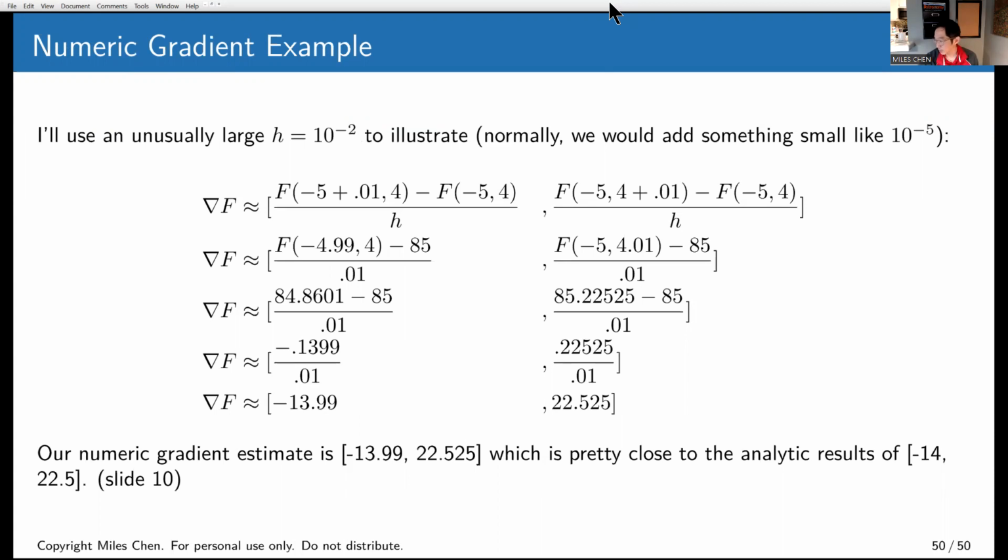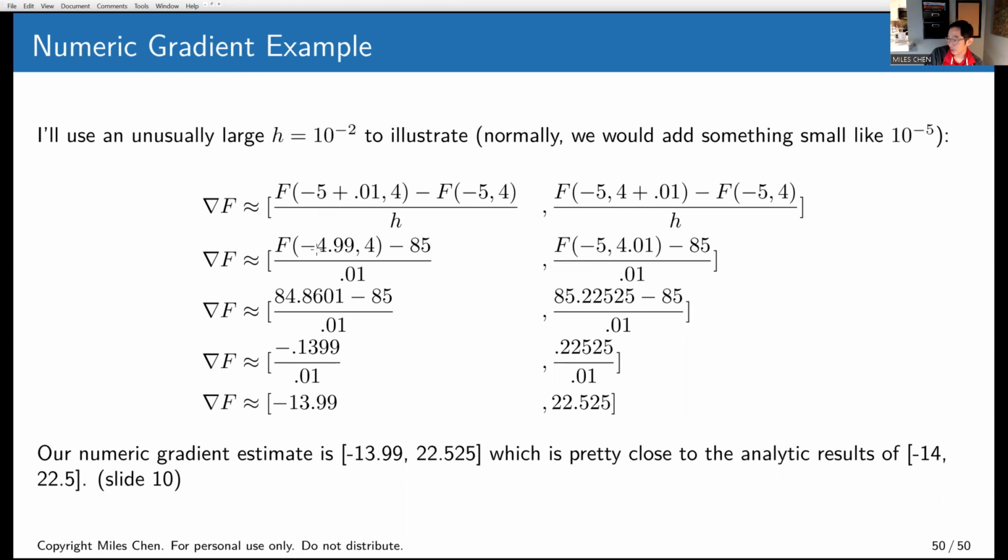Here I'm going to say h is equal to 0.01. Now, oftentimes you'd probably use an even smaller h, maybe like 10 to the -5 or 10 to the -4. Again, you have to take into account floating point precision. So if you're dealing with big numbers, obviously your h can't be really small. But if you're dealing with something like 5, an h of probably 10 to the -5 makes sense. So anyway, I add 0.01 to this.